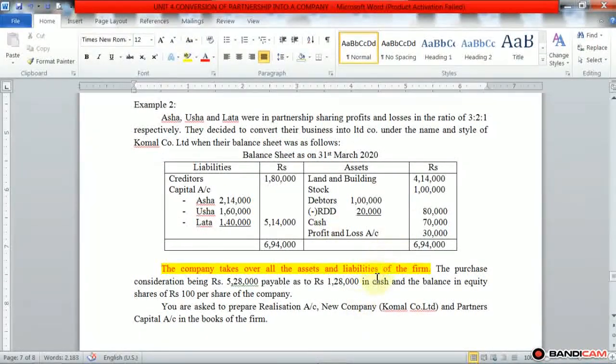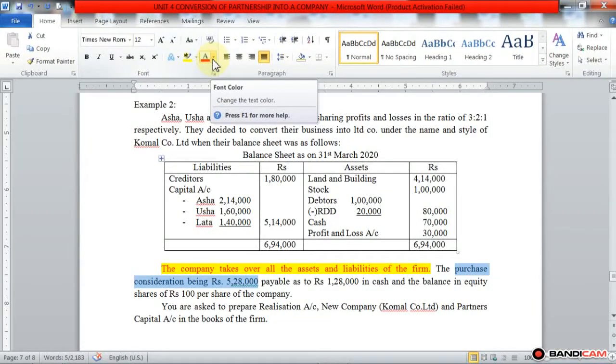It is very important: the company took over all the assets and liabilities of the partnership firm. Then the next sentence, that is purchase consideration amounted to rupees 5,28,000. So here no need to compute the purchase consideration. Purchase consideration is directly given in the problem.